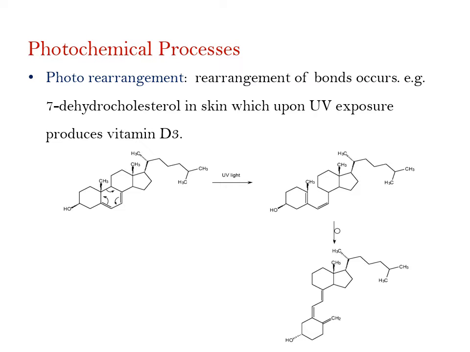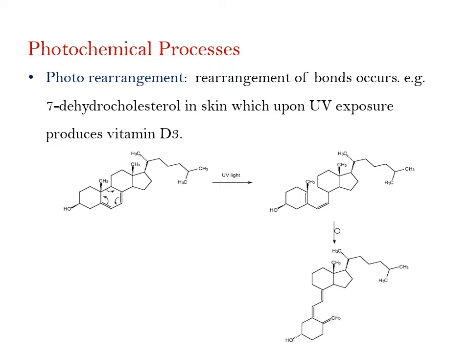The other photochemical process is photorearrangement. In photorearrangement, absorption of light causes a molecule to rearrange its structure in such a way that atoms are lost, and it just becomes another chemical.